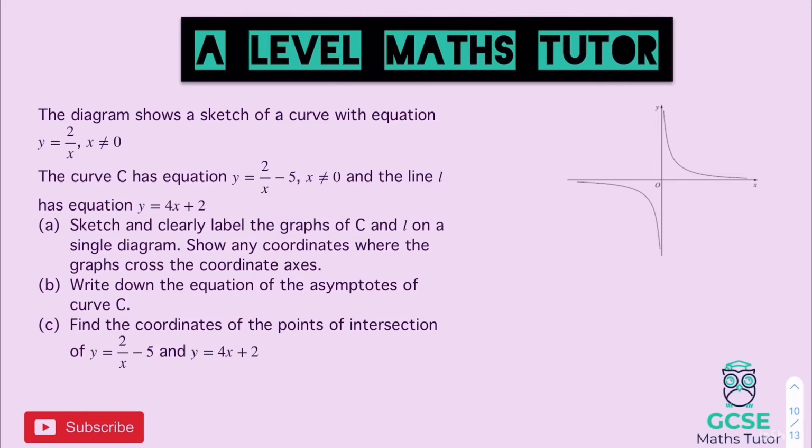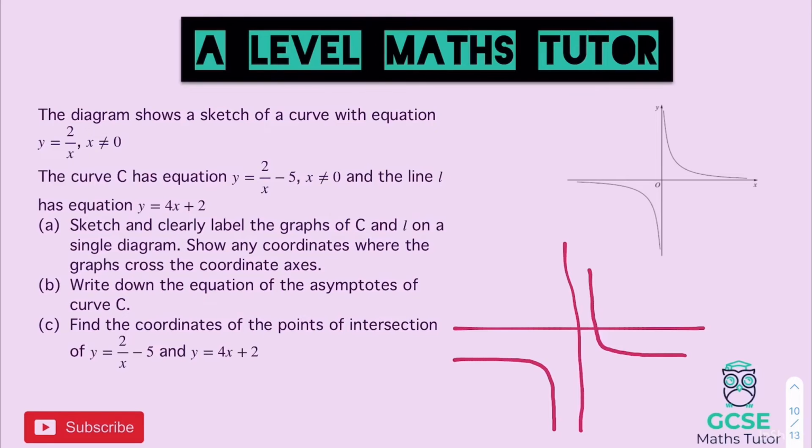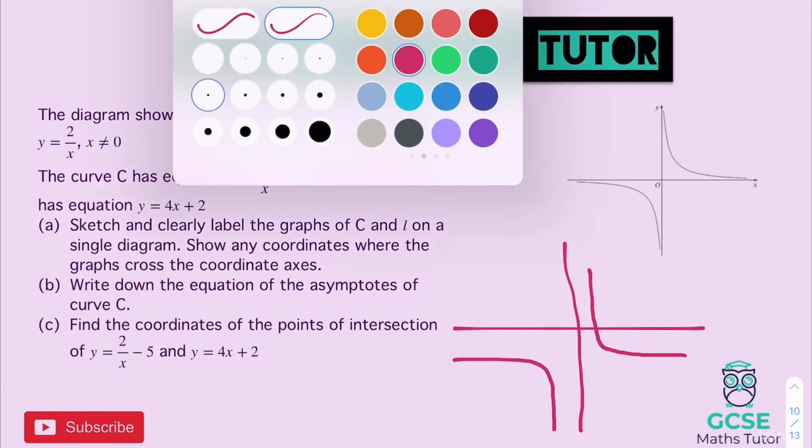Okay then, so for drawing this, first of all I'm going to draw that reciprocal graph. Now it basically looks the same as the one above, except it's going down by 5. So I'm going to move this left one down, not too far, to a certain type of scale. And for the next one we have a straight line graph, y equals 4x plus 2, so it has a positive gradient and it goes through 2 on the y-intercept.